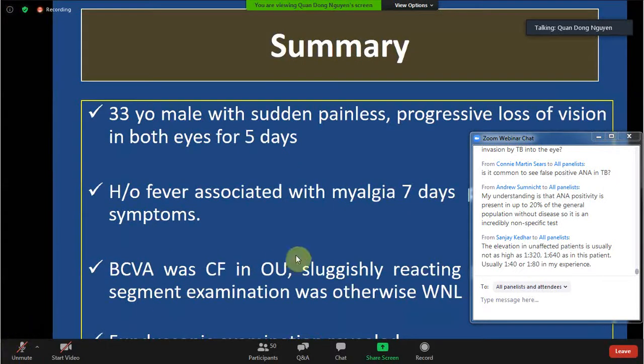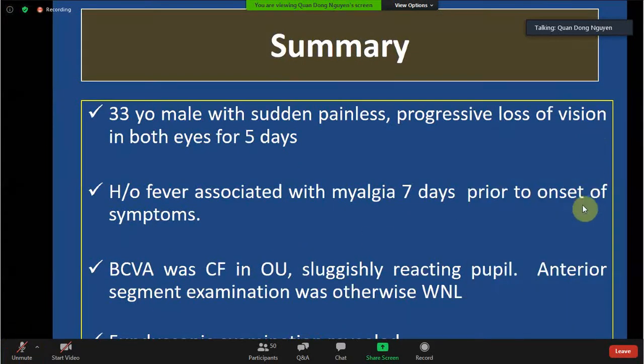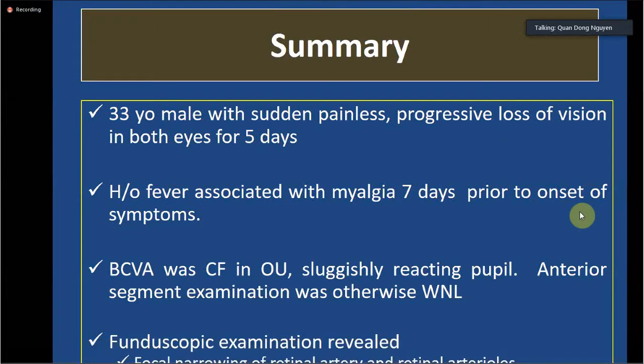So I'm presenting a case of a 33-year-old man with sudden painless progressive loss of vision in both eyes for 5 days, with fever associated with myalgia. Visual acuity is counting fingers in both eyes. Fundus examination shows, as Dr. Foster indicated, focal narrowing of the retinal artery and arteriole and fine vessel along the arteriole.